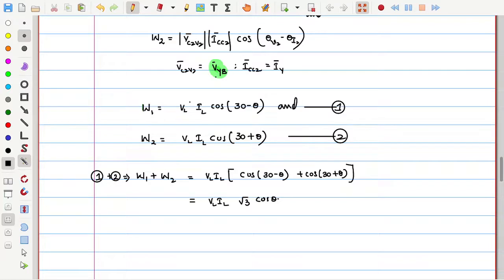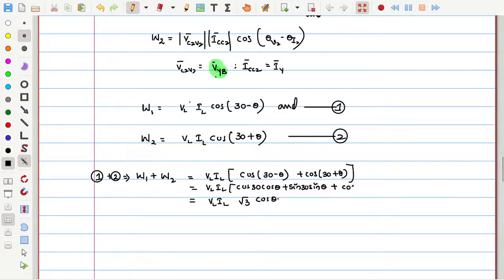So am I correct? Check it. If you want, we can take one more step, VL IL, so cos of A minus B is cos A cos B plus sin A sin B, right? Sin 30 sin theta.